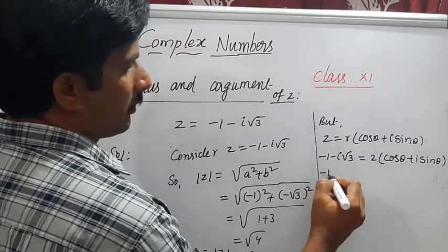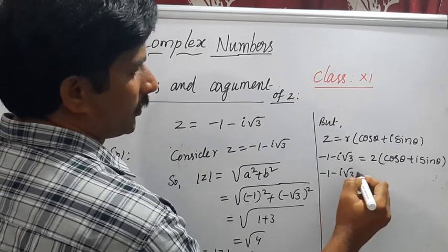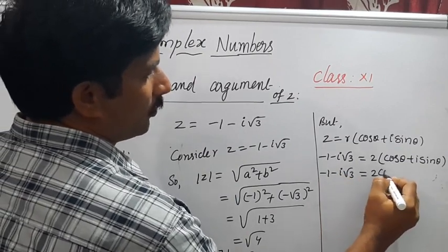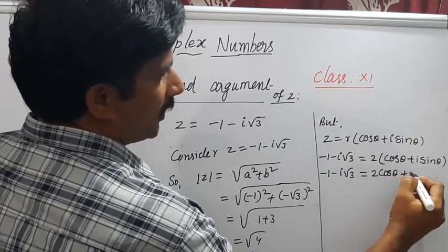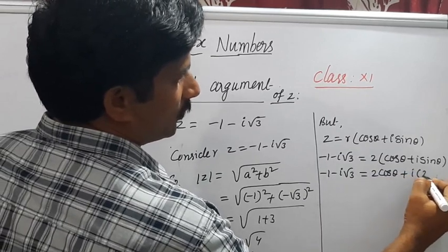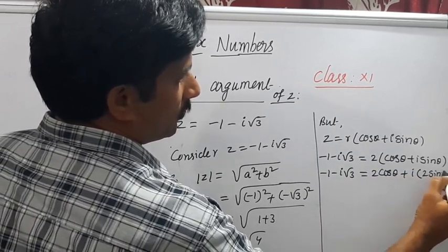So -1 minus i root 3 is equal to 2 cos theta plus i into 2 sin theta.